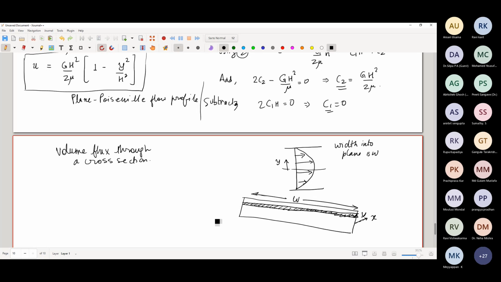What is the area of that strip? It will be W into dy.